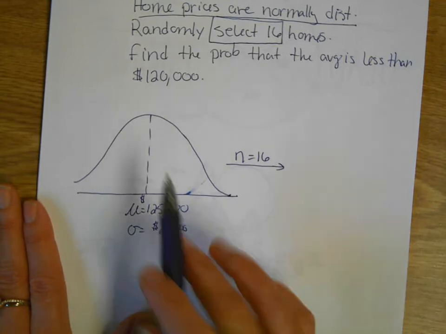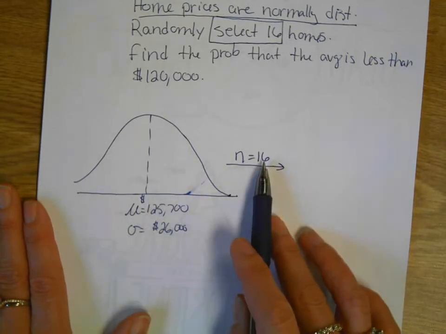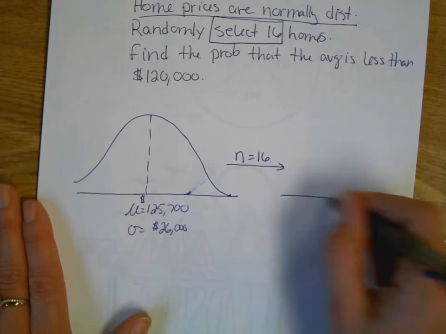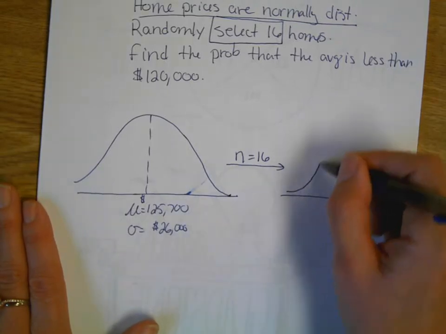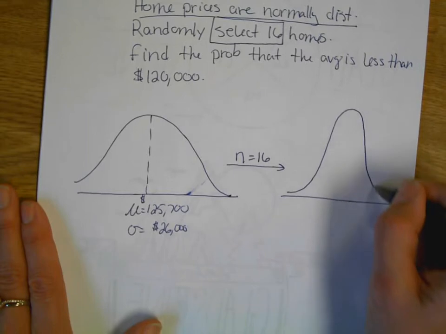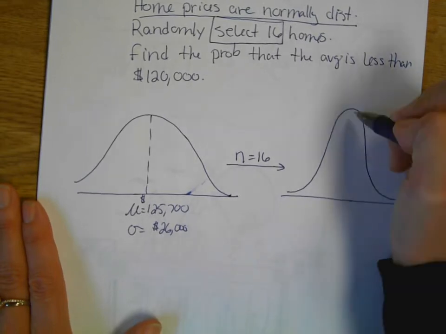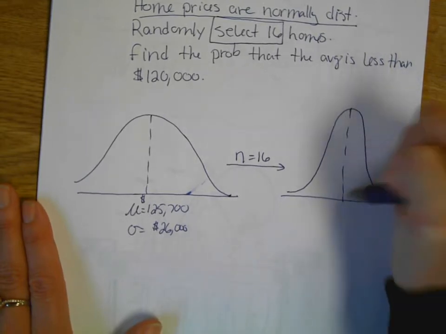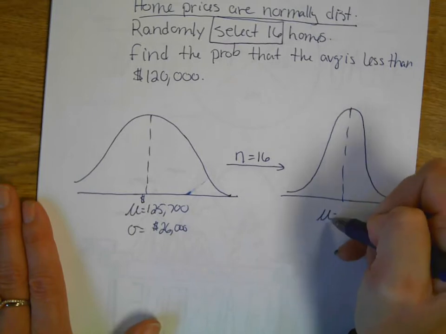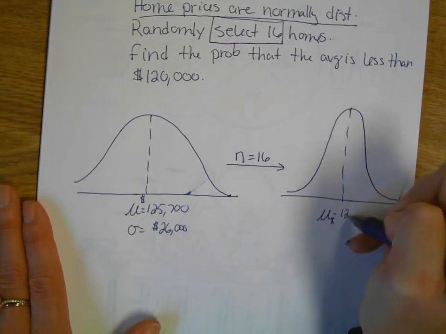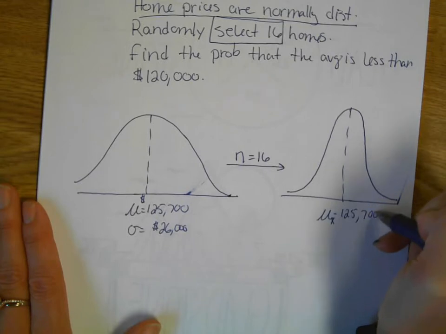Yes. From yesterday we said if the population started out normal, you could pick under 30 and still be normal, except the standard deviation does get smaller. Mean stays unchanged, 125,700.